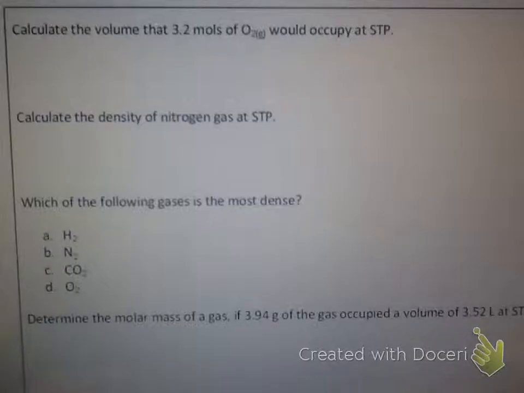Alright, so the first question says, calculate the volume that 3.2 moles of oxygen would occupy at STP. Now we need to calculate volume.